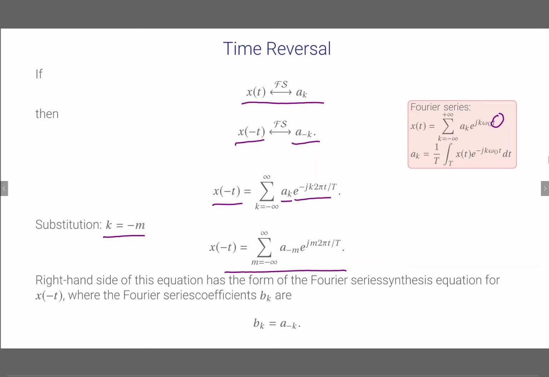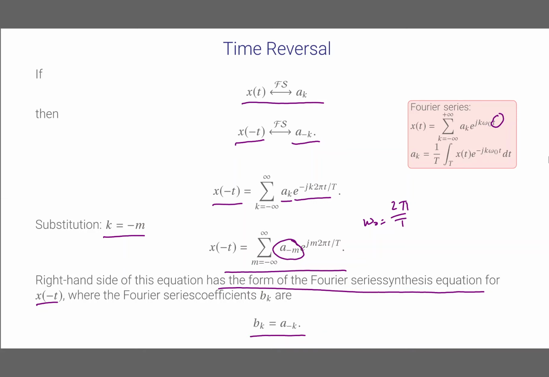So here m goes from minus infinity to infinity, still a_minus m e to the power of jm 2 pi over capital T. So we know that 2 pi over T is actually omega naught. So this we see has the form of the Fourier series synthesis equation for x(minus t). So therefore the b_k's are equal to a_minus k's, because of this a_minus m.